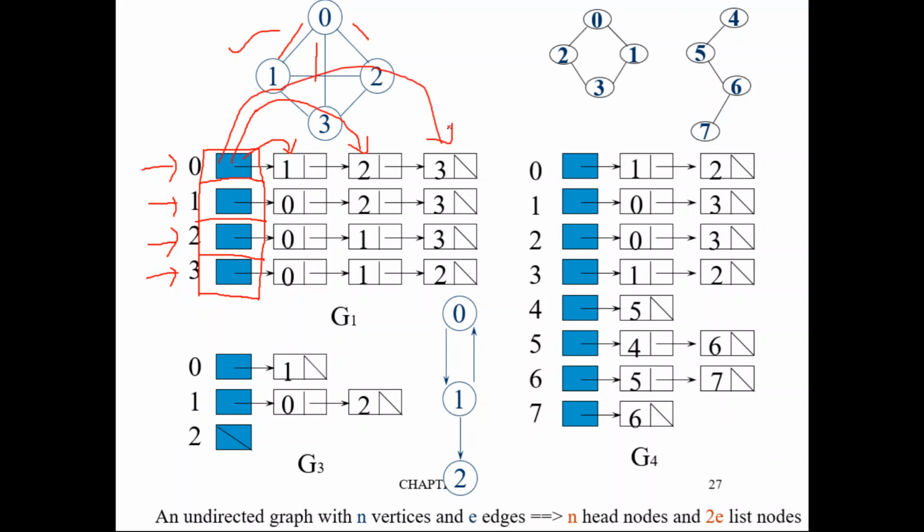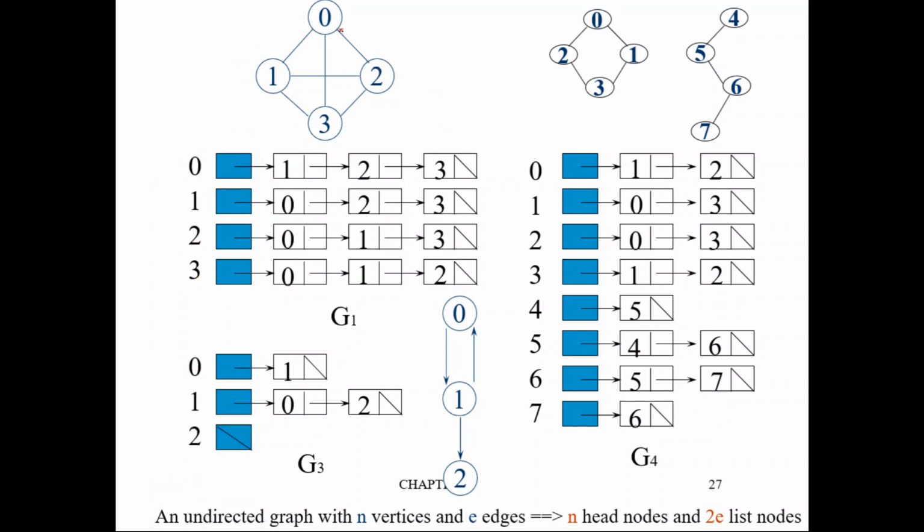It's an undirected graph, there is no arrow; this is just for understanding. And it has only 3 edges from 0: 0 to 1, 2 and 3. This is only a way of representing. It looks like 1 to 2 and 2 to 3, but actually the meaning is 0 to 1, 0 to 2, 0 to 3.